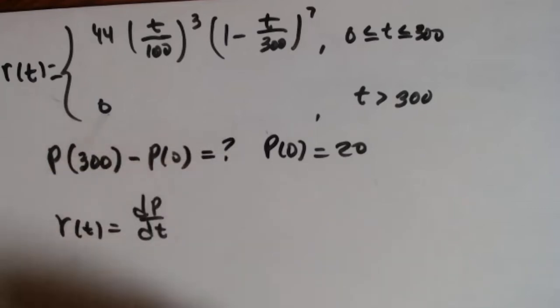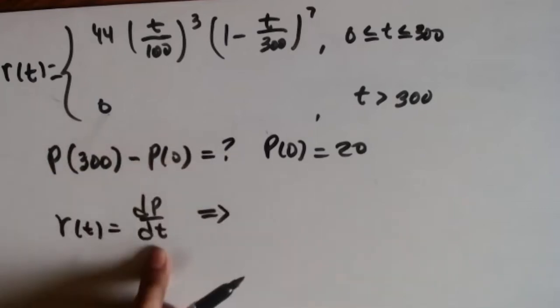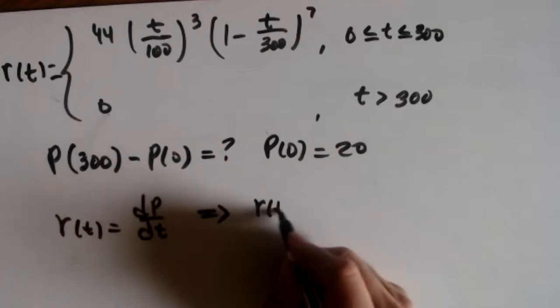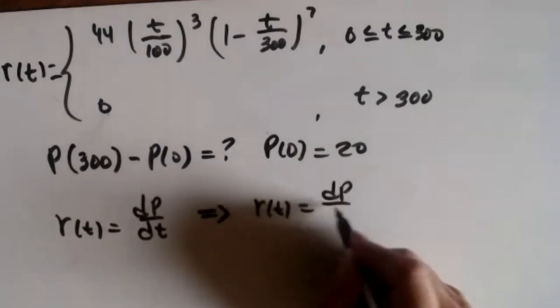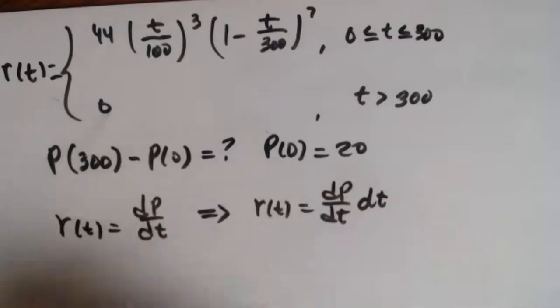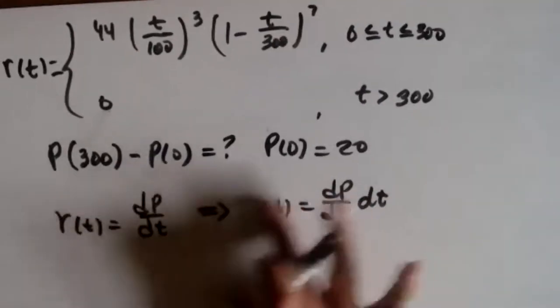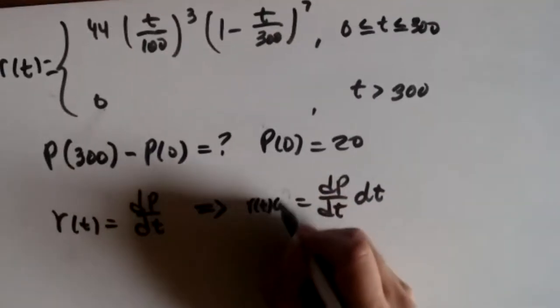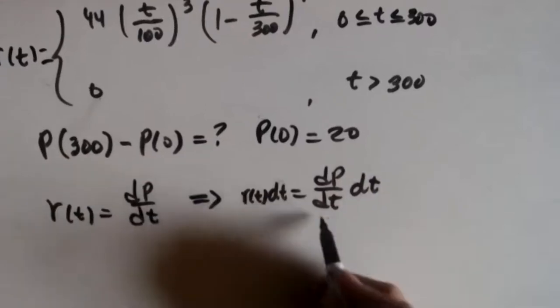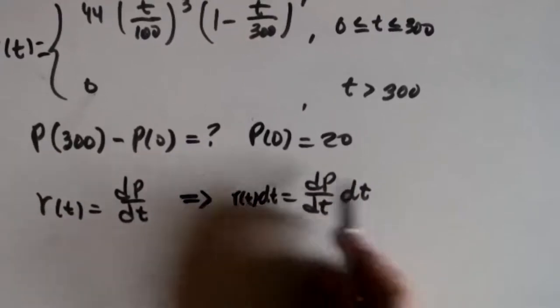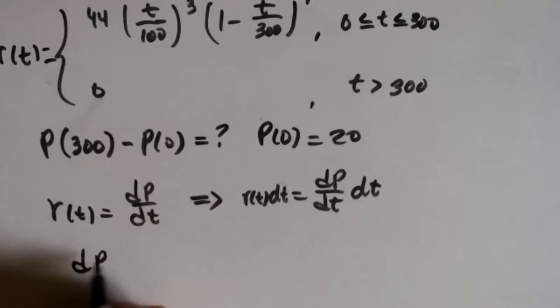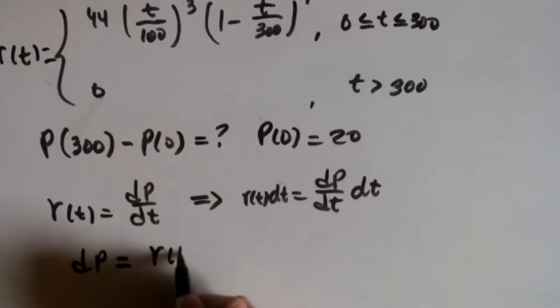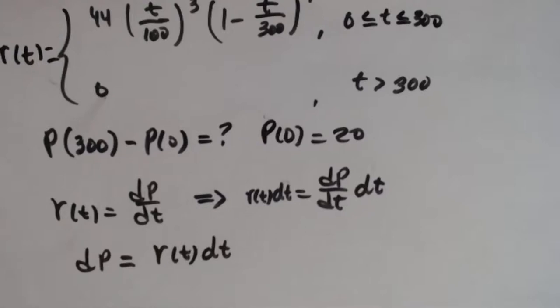So what I have to do is multiply times dt, so R of t dt equals dP, right? And this is going to be the differential of P. So I have dP equals R of t dt.